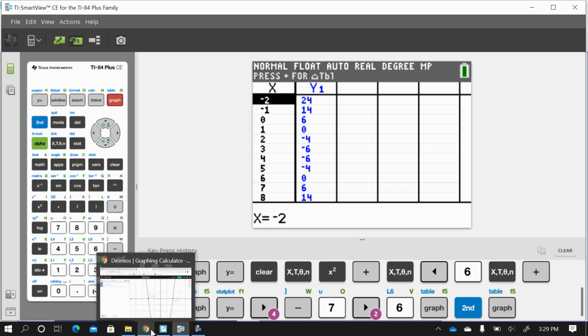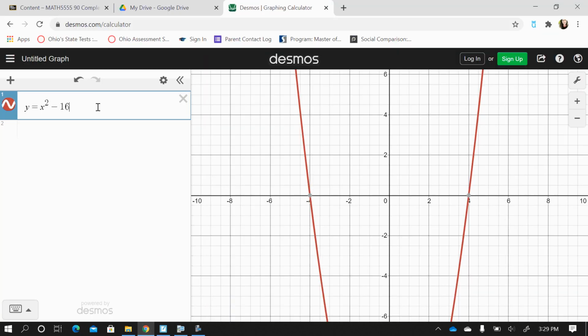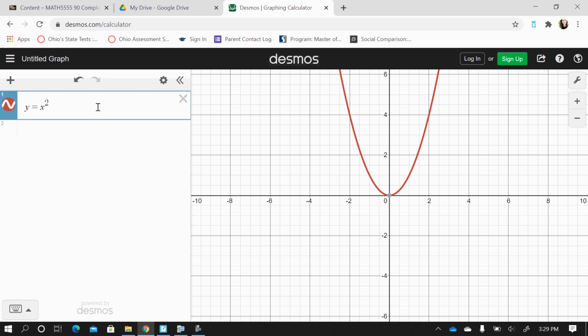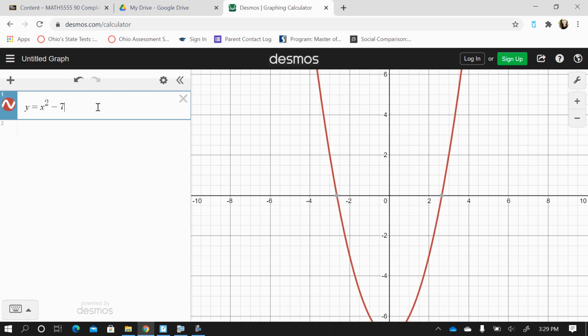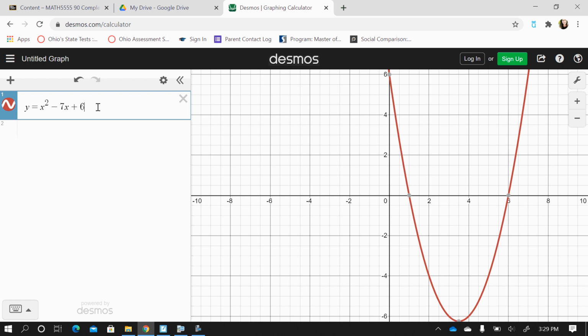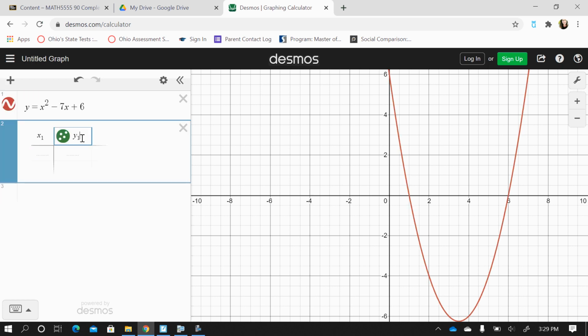Showing you this on Desmos, you can also get a table on Desmos. y equals x squared minus 7x plus 6. Again, you can just very easily see your solutions. But remember this, you can change the table. Let me think a second how to change it to a table.